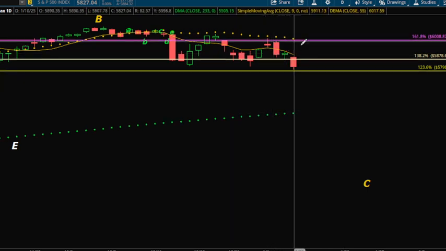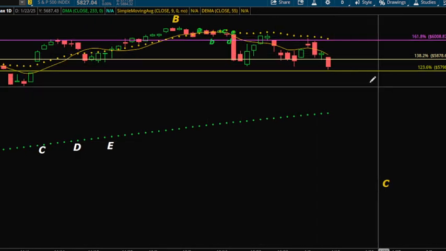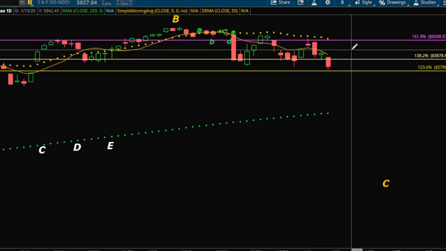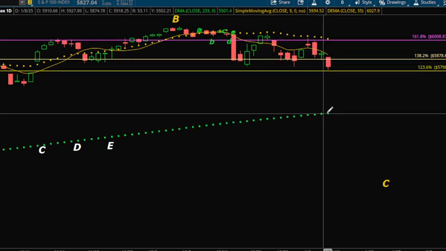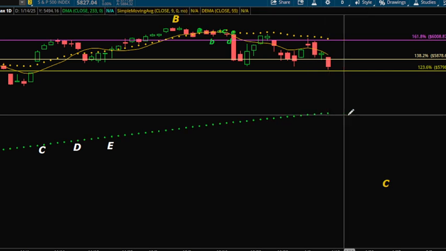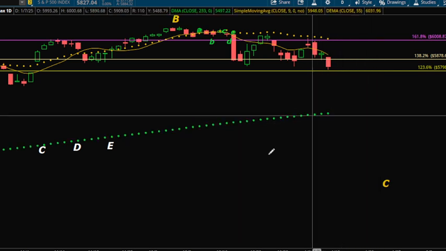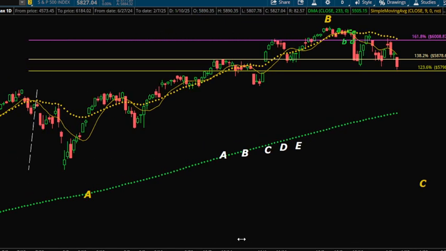You always want to have a mental projection of how it's going to close if it does. It almost looks like the longer term trend is starting to come to its bell curve, right?